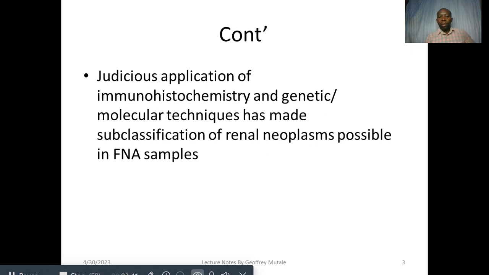That's where sometimes we involve FNAs to confirm the real categorization of these tumors. So judicious application of immunohistochemical and genetic molecular techniques has also made subclassification of renal neoplasms very possible in FNA samples.